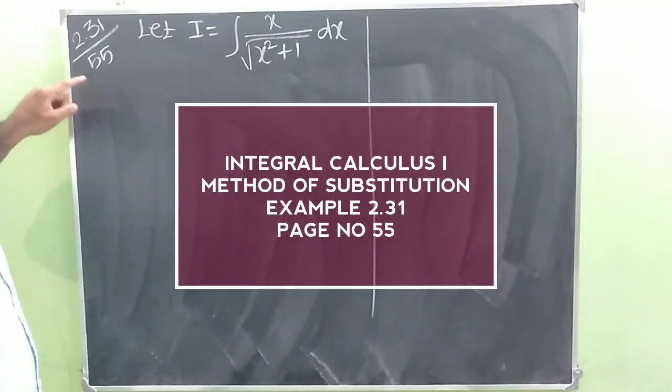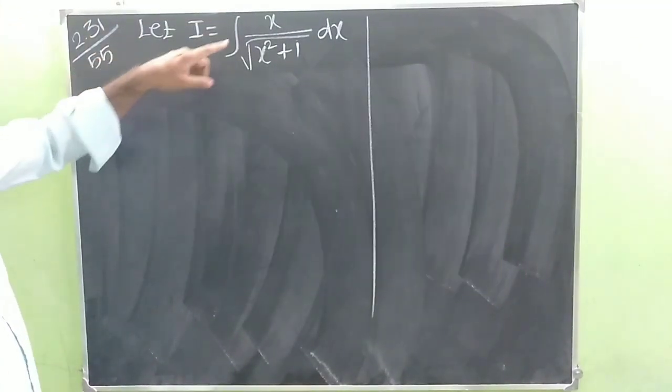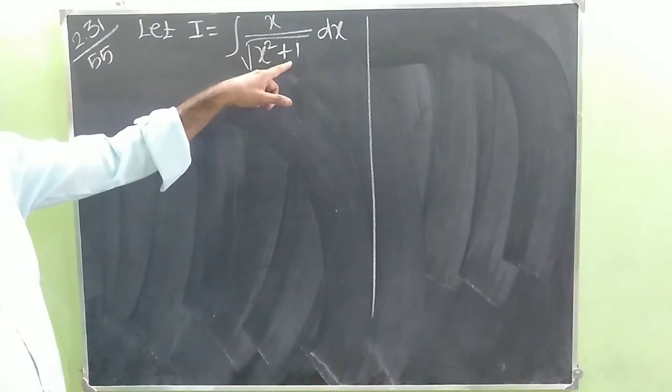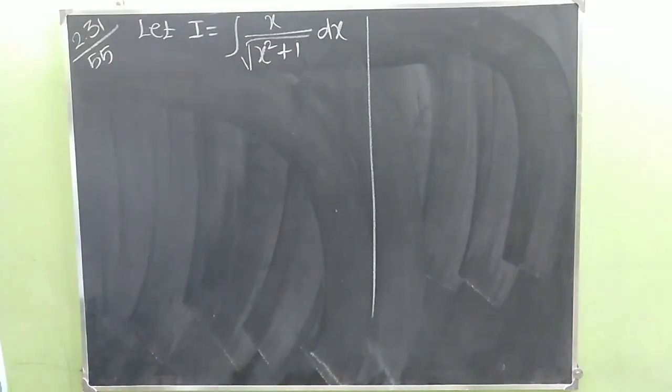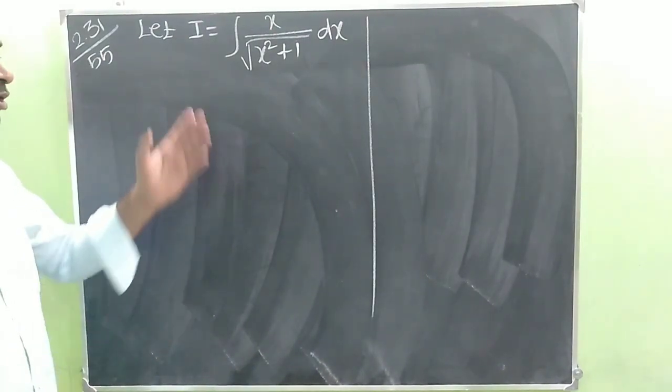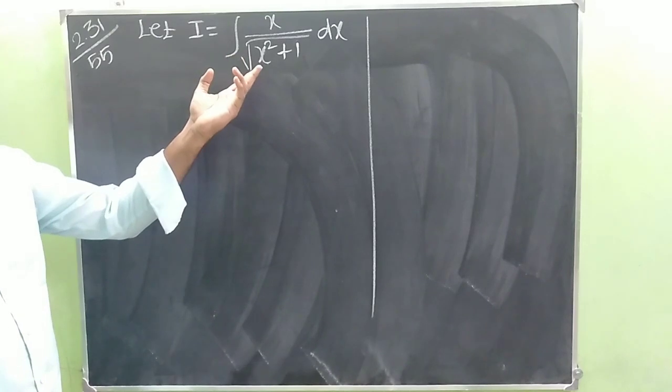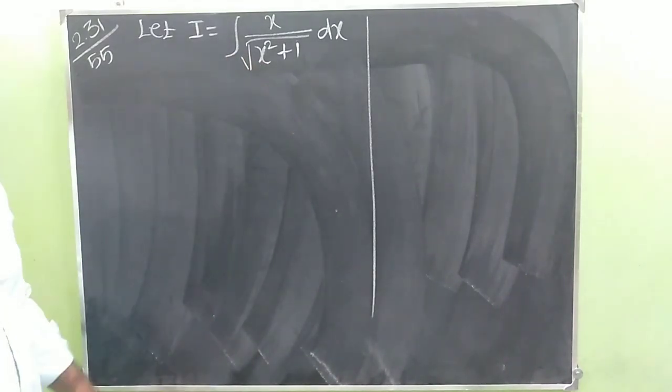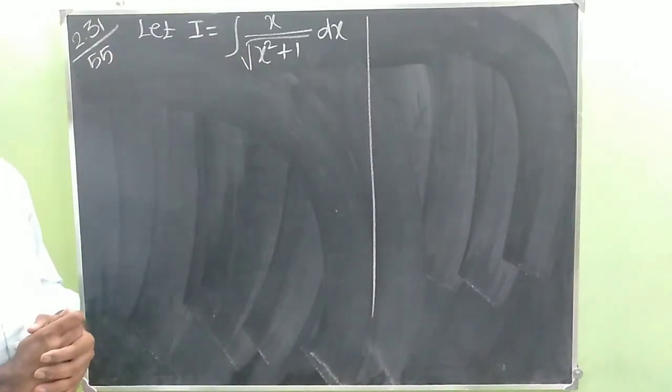Example 2.31, page number 55. Let I equal to integration of x by square root of x squared plus 1 into dx. See this integrand, we can't integrate directly, we have no standard form. So change this integration into standard form using the method of substitution or z substitution.